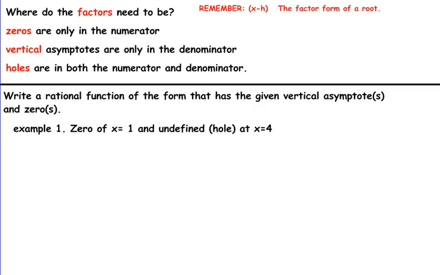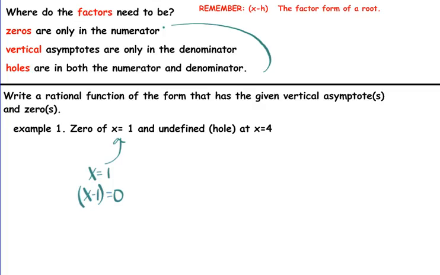So now let's look at this example. Write a rational function given the vertical asymptote, a zero, and a hole. I'm going to have a zero at x equaling 1 and a hole where x is equal to 4. Now using this information that I just told you, I'm going to write my function. This one says that I have x equals 1, so if I subtract 1 from both sides, there I have my zero.